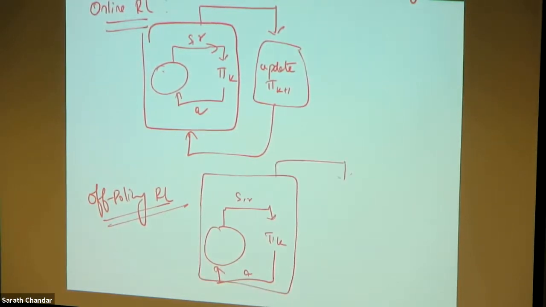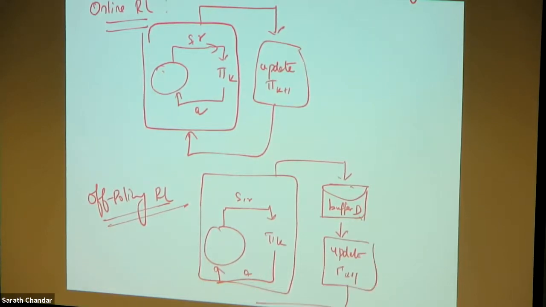Based on this interaction, you normally collect a buffer of data set D, and then you use this buffer to update your policy, and you go and interact in the world again.